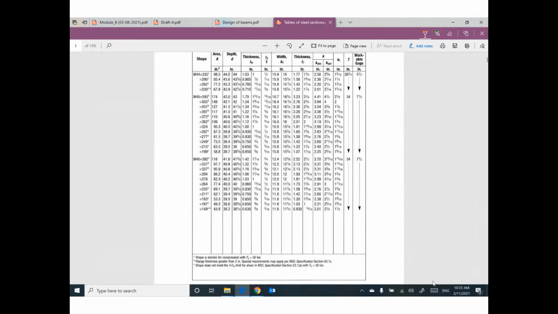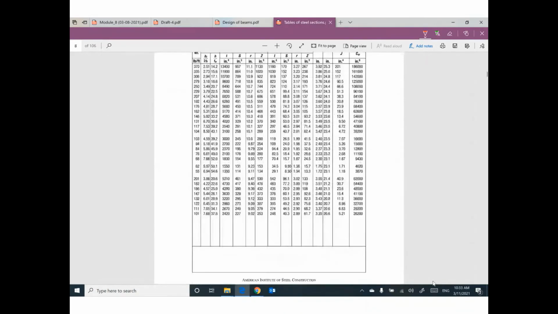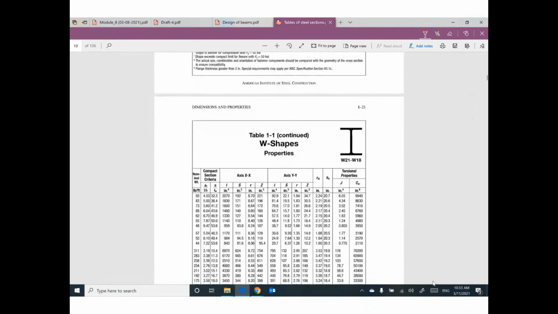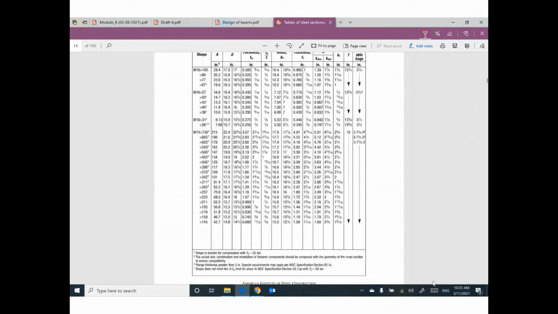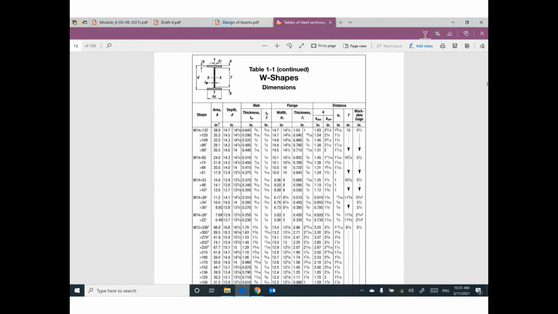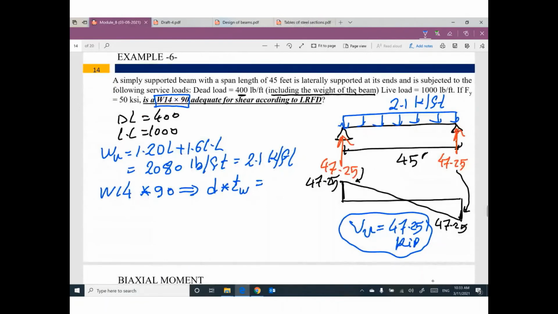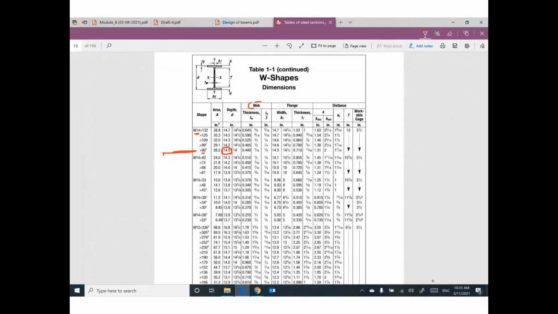We need to go down more. Here you go, 14 times 90. What is the depth? 14 inches. What is the thickness of the web? Here is the web. The thickness of the web is 0.44.